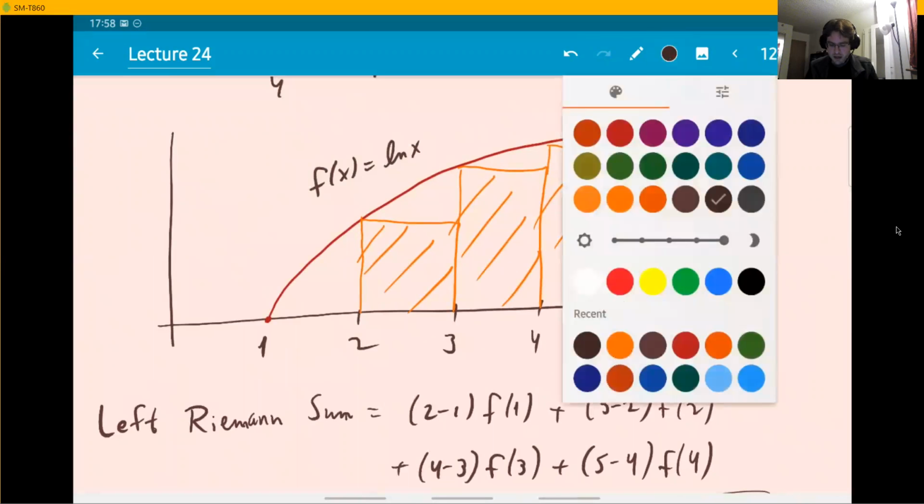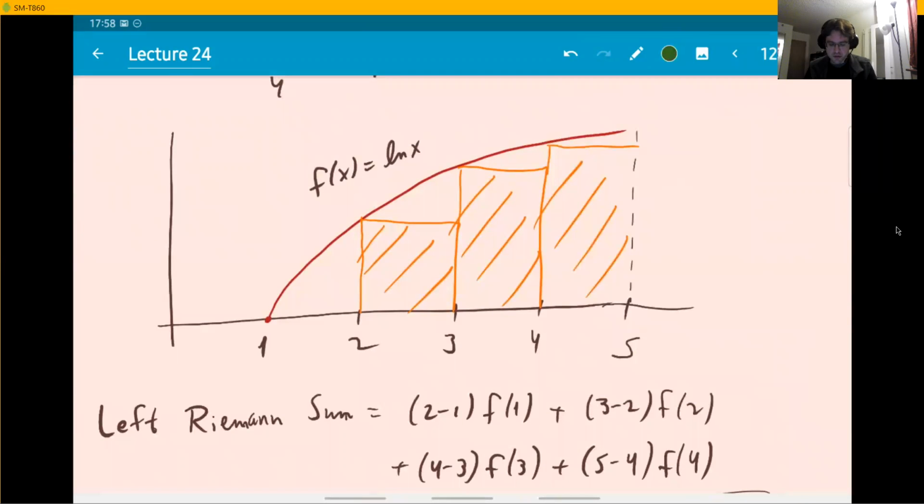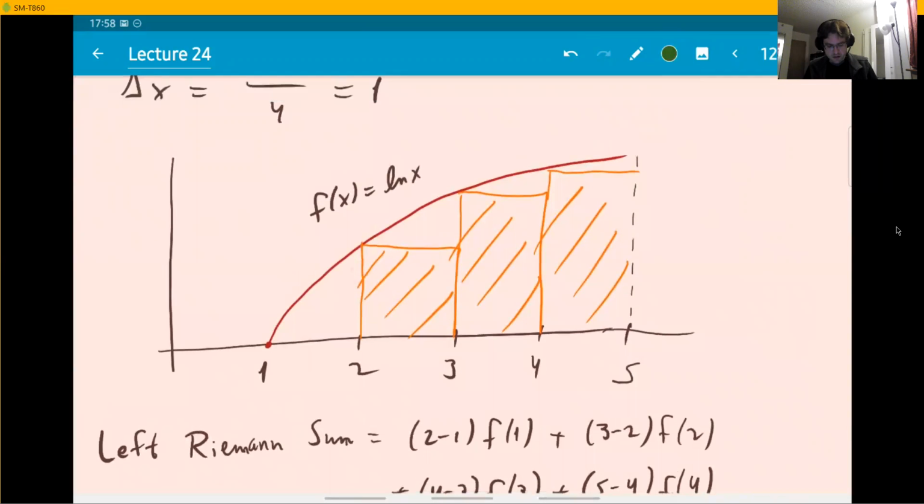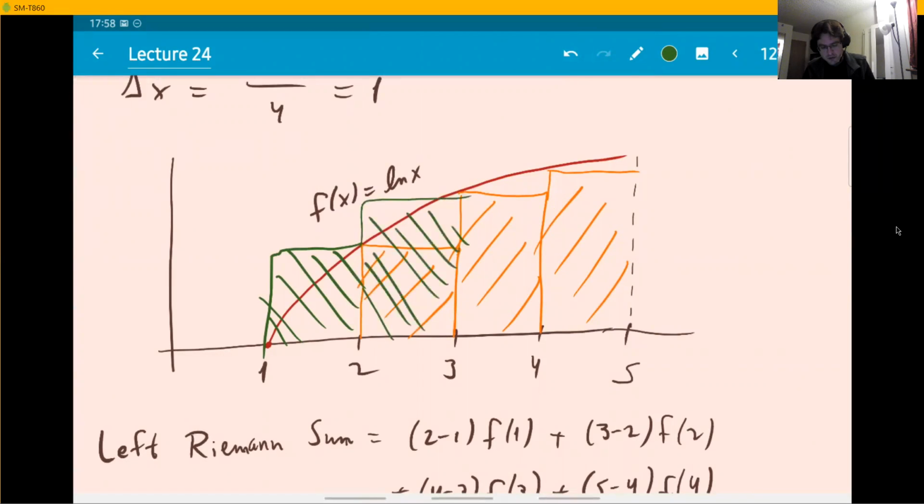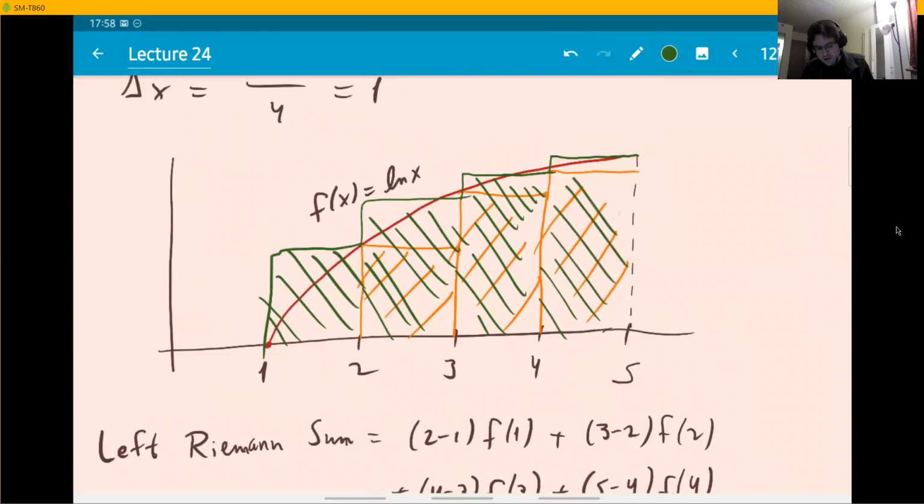So by looking at the right endpoint, let me draw this in green now. The right side of each location where the rectangles are placed. Yeah. So by looking at the right side, you're considering slightly larger heights for these rectangles. So it makes sense that this one was larger.